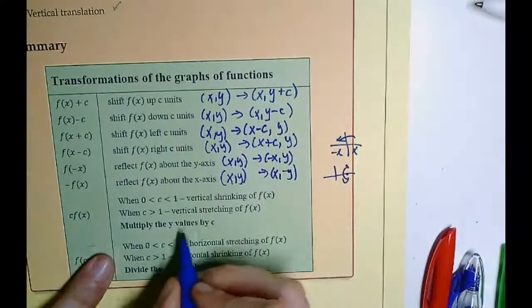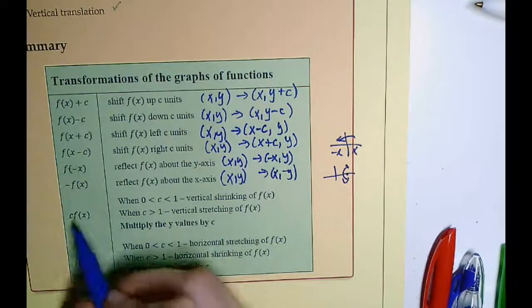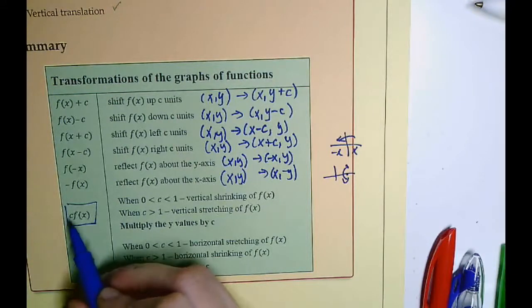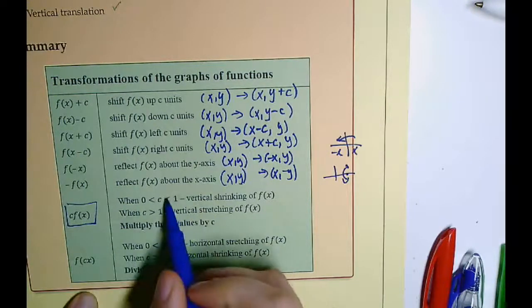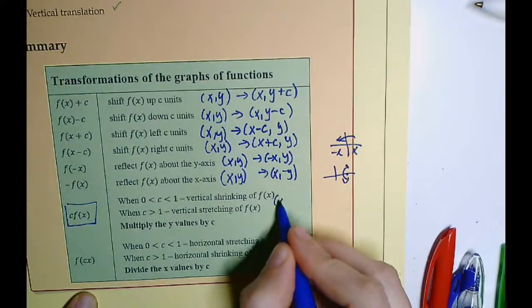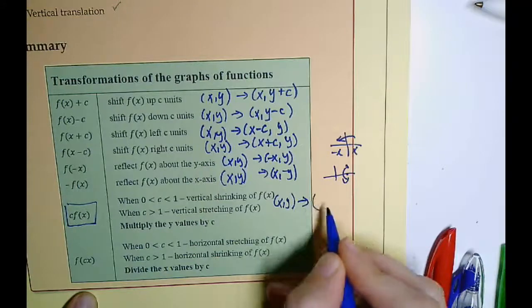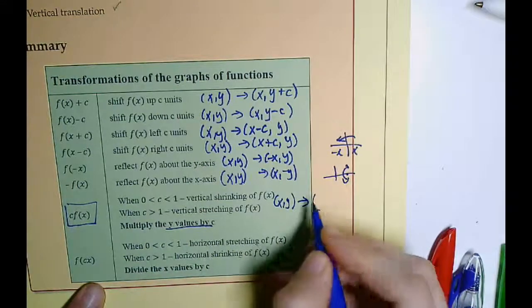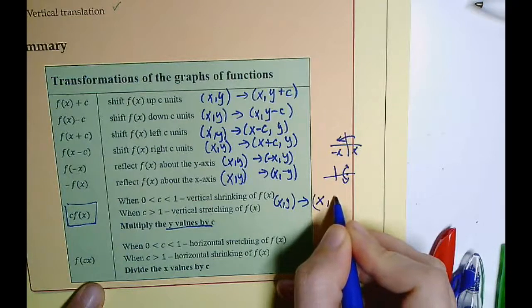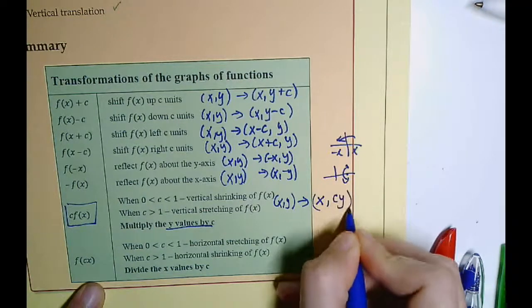And then when the c is multiplied on the outside of the function, regardless if c is greater than 1 or between 0 and 1, the point (x, y), it was the y values that are multiplied by c. So the point (x, y) transformed into the point (x, cy).